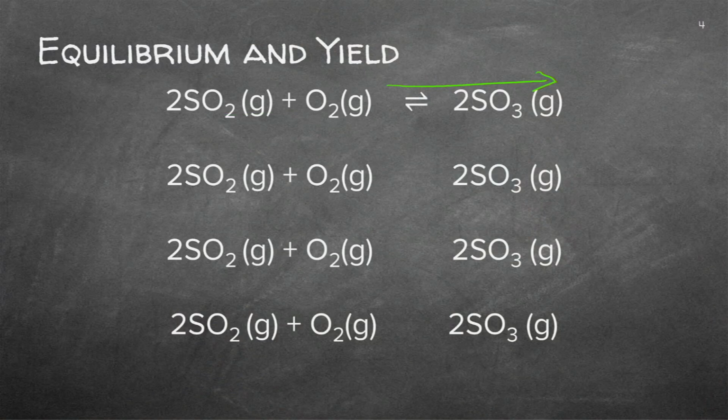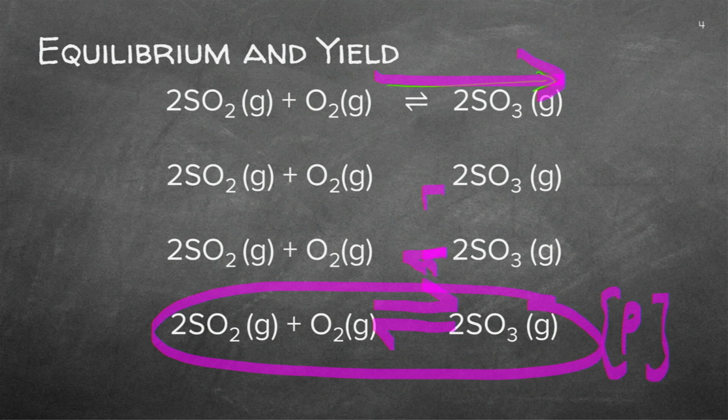Firstly it will go that way, and then gradually it will start reversing, and as soon as the forward and reverse reactions are exactly the same, I then have chemical equilibrium. What that means is that the product's concentration will now be the same, and you can continue for the next hour and the products will remain the same, as well as the reactants. It will remain exactly the same.